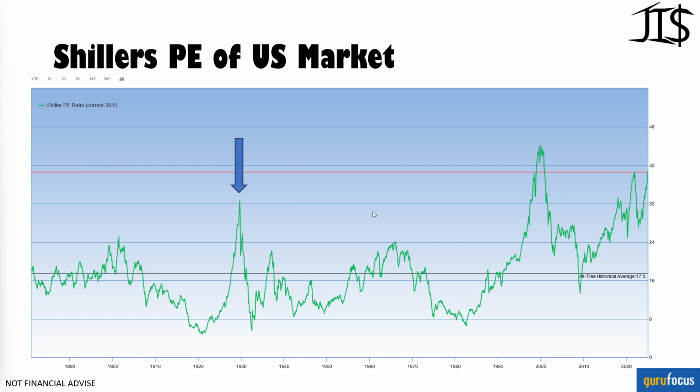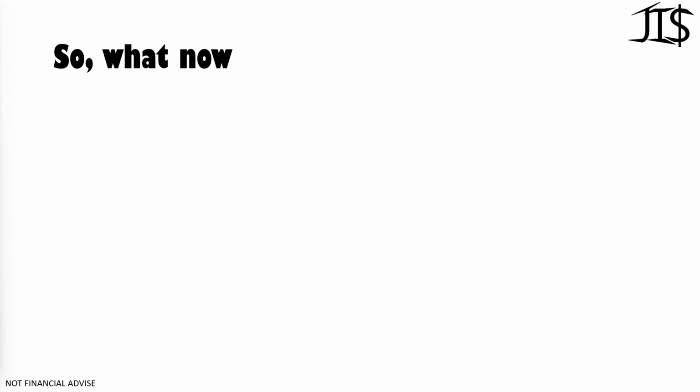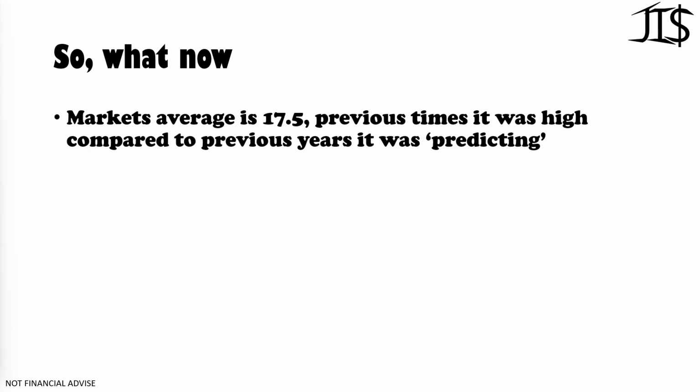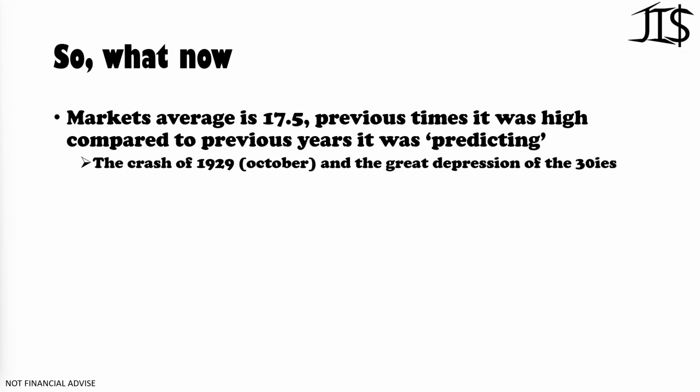So those points are really important. And if you look at the market's average, so 17.5, it was predicting, at the times that it was really high at the markings of the previous slide, the crash of 1929 in October, and then the Great Depression followed in the 1930s.